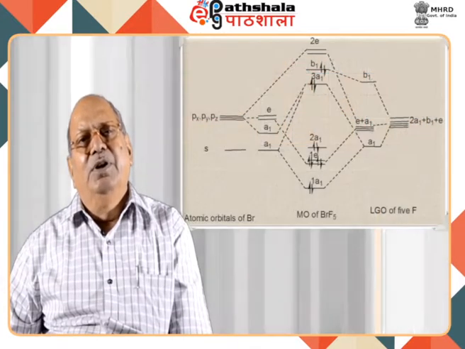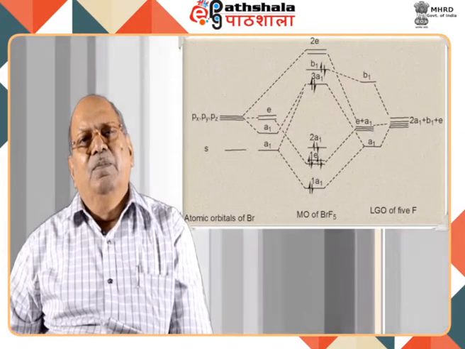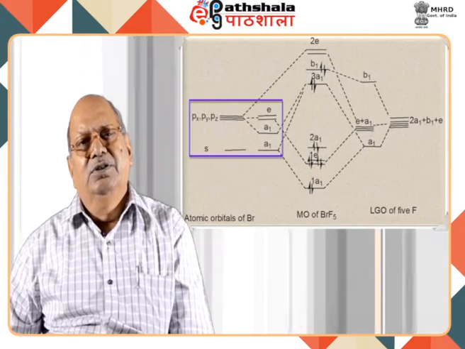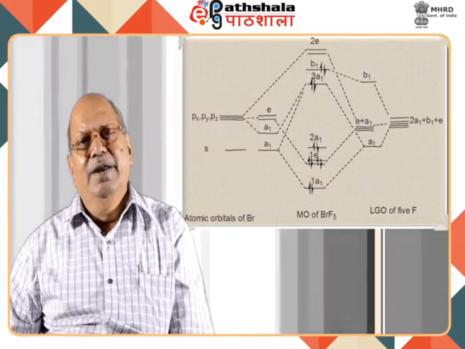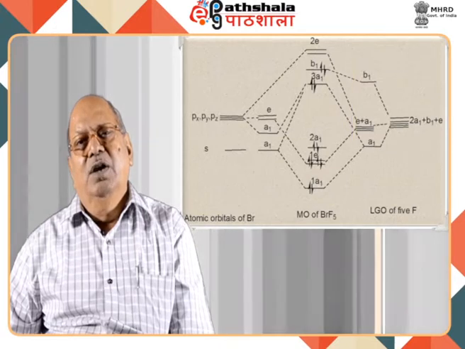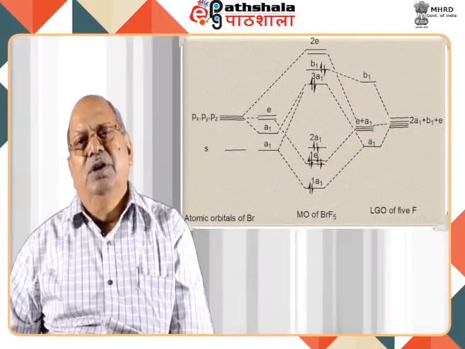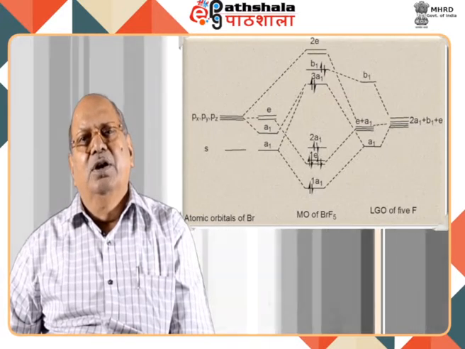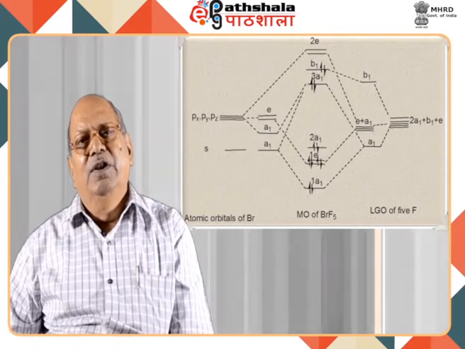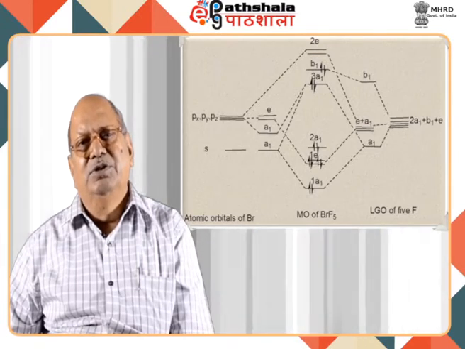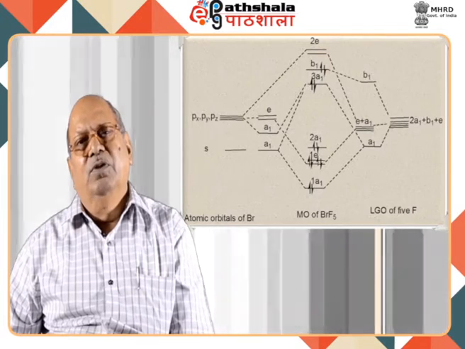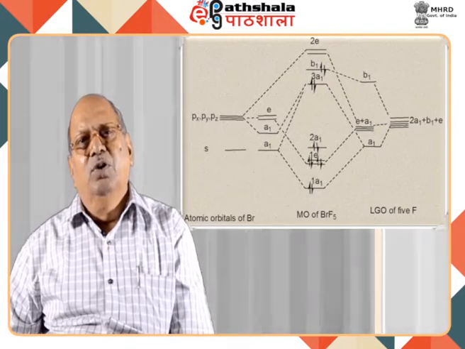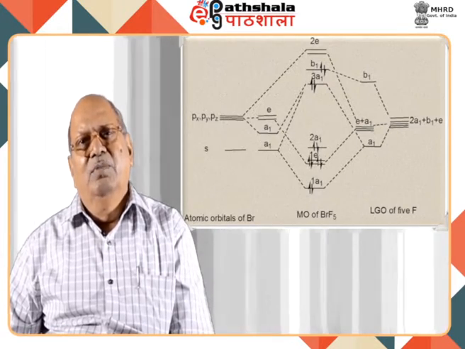The next step is to take the valence orbitals of bromine on the left-hand side, and the valence LGOs of the 5 fluorines on the right-hand side, and we match them. Then we draw the MO diagram of this molecule, and the filling of electrons in these MO diagrams is done in a similar manner as we follow for atomic orbitals. So, this gives us the MO diagram of the BrF5 molecule.